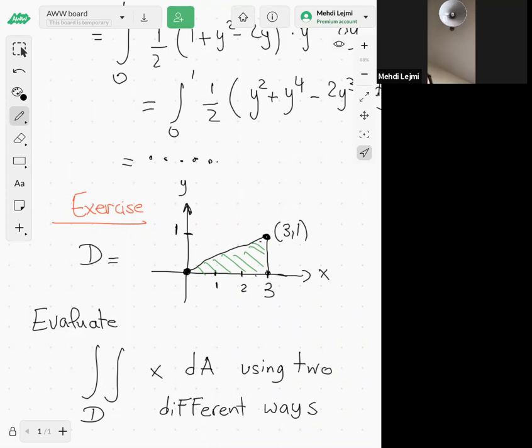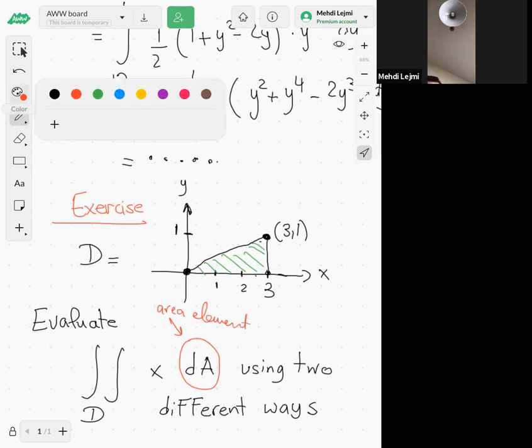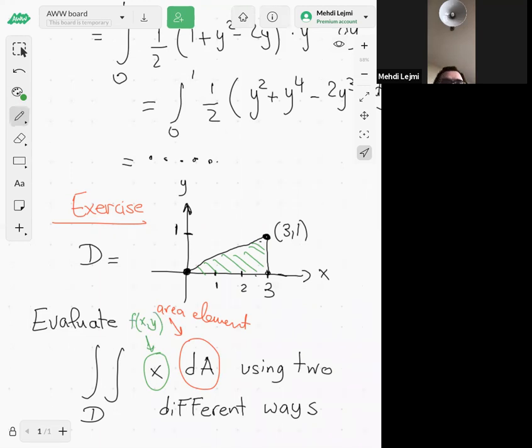This dA is the area element, and the x is my function f of x, y. All right, guys, let's say you have 5 minutes to think about this exercise.